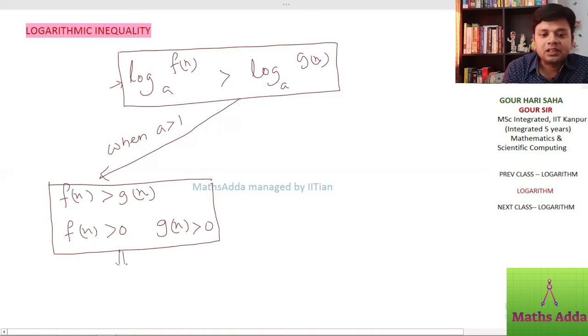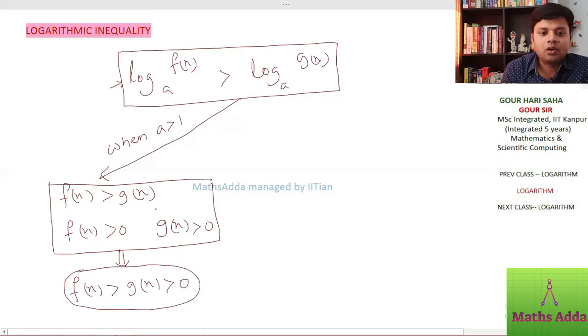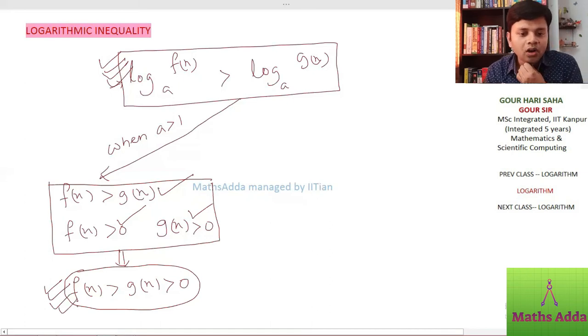So can I say all together it is f(x) greater than g(x) greater than 0. This one satisfies all three. So when the base is more than 1, this inequality simplifies to this one, which does not contain any log term. It becomes an algebraic inequality, which we can solve using the sign scheme.